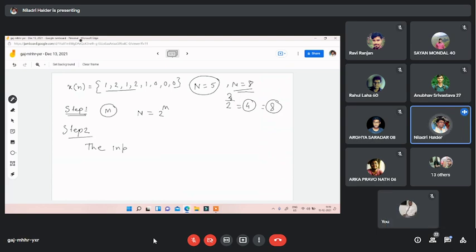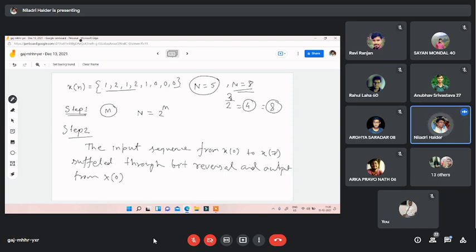The input sequence from x0 to x7, for this case x0 to x7, is shuffled through bit reversal, and the output from capital X0, that is Xk, to capital X7 is written in natural order.